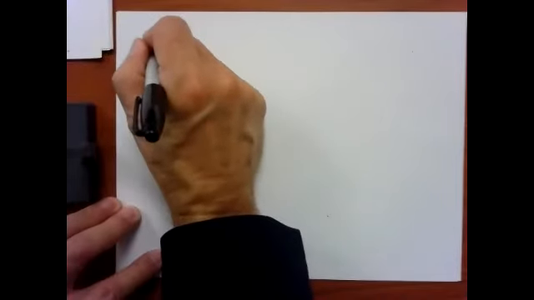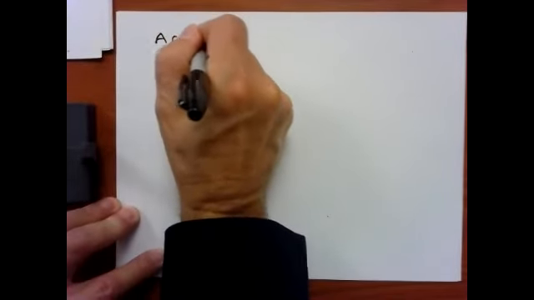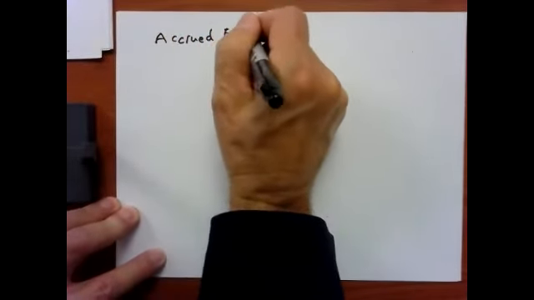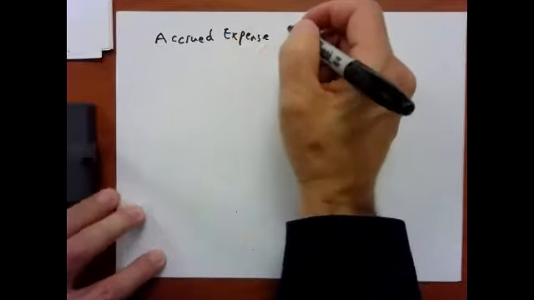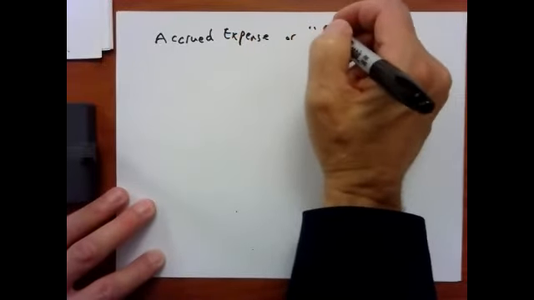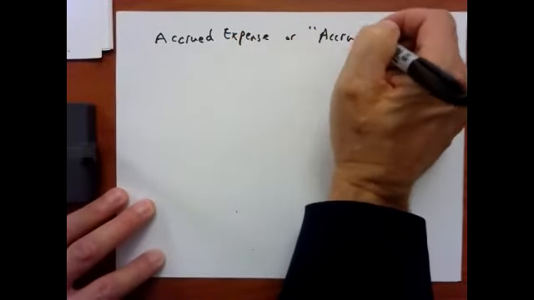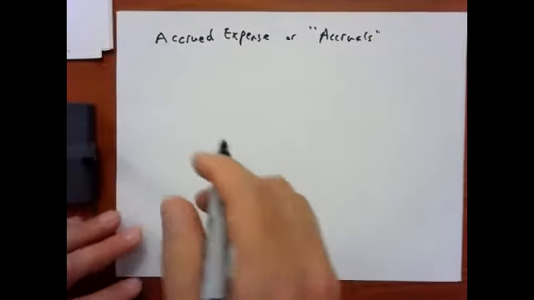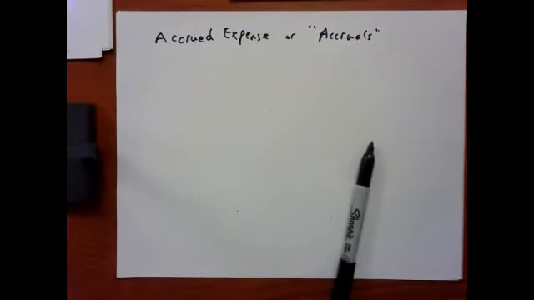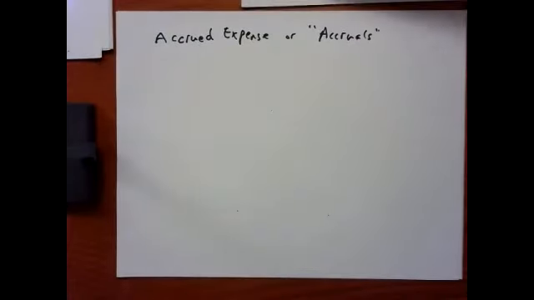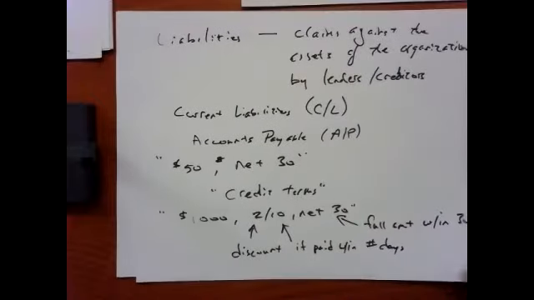Next category of current liabilities is accrued expenses. There's a lot of jargon here, or accruals. So this idea is very similar. Let me back up for a second.